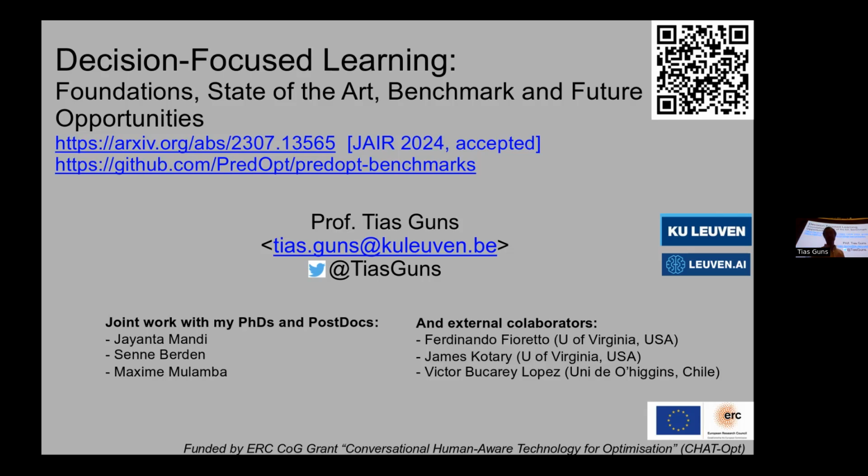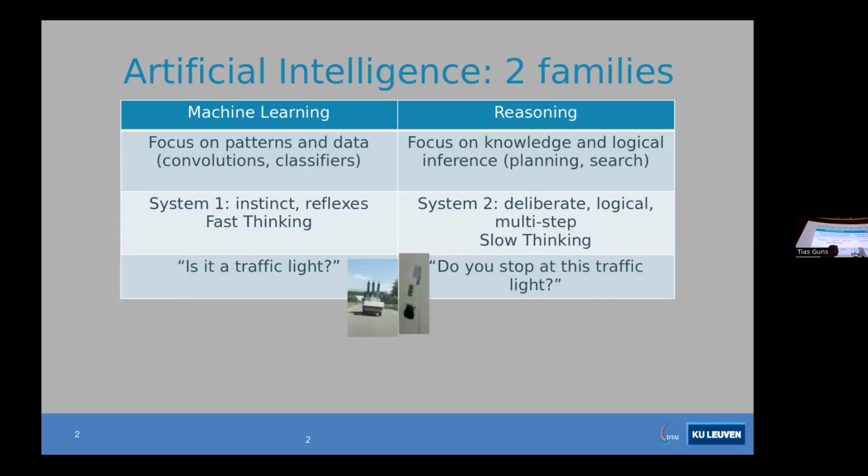So let me start by taking the biggest possible step back that I could. And this is CPAIOR. So if you look at the research field of AI, which is rapidly changing, there are still two big families of techniques within AI. One is everything that has to do with learning and predictions. It's focused on finding patterns and analyzing data.